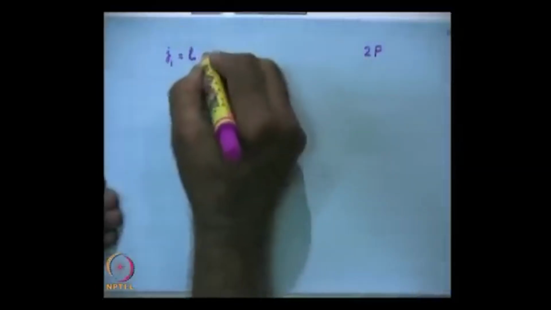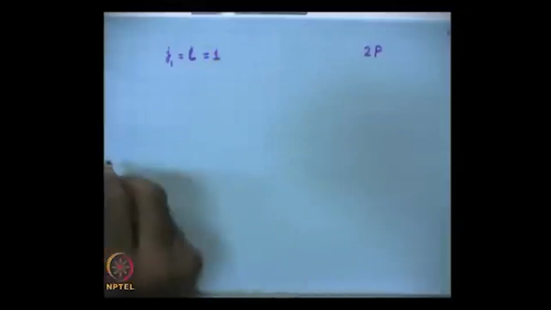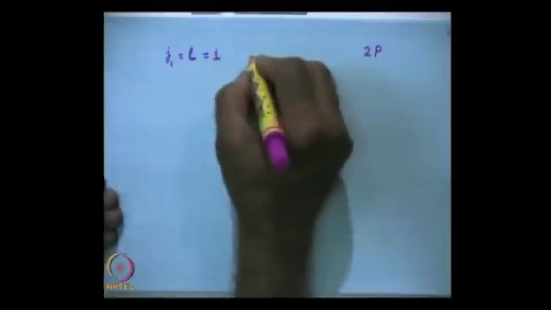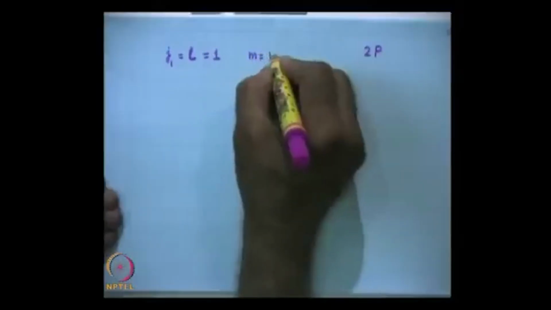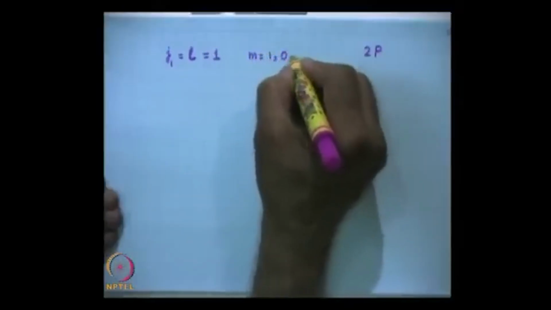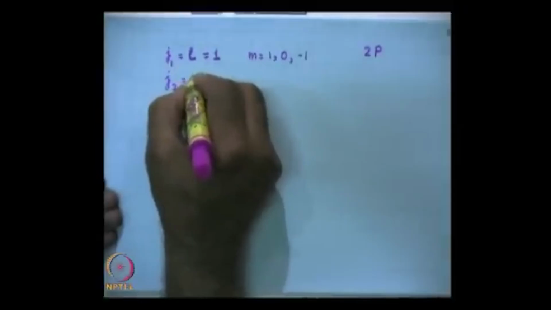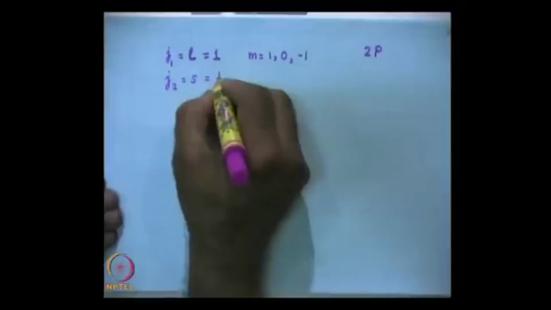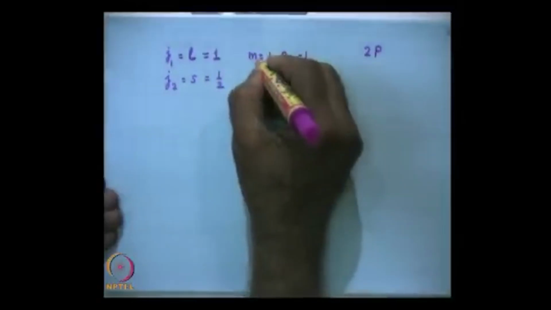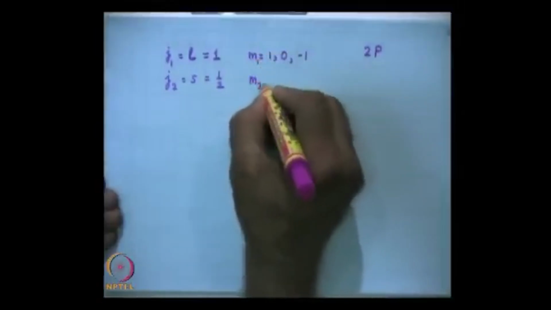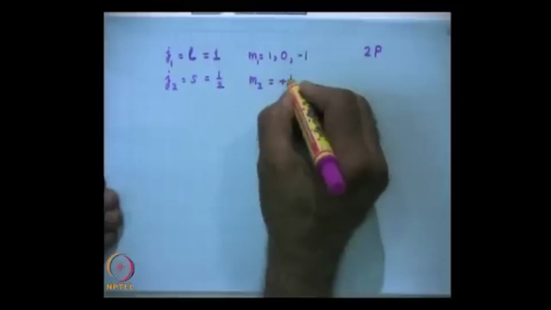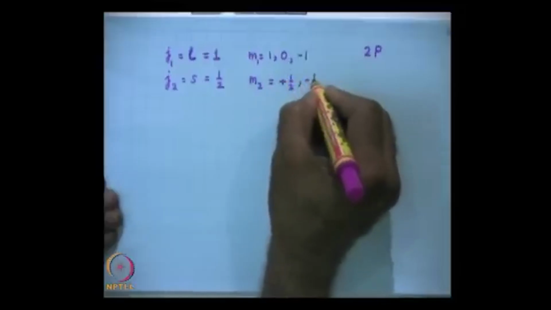So, l is 1, and therefore, m will take 1, 0 and minus 1, and J2 is equal to S is equal to half. This is the spin orbit interaction, and then this is M1 and this is M2, which is equal to plus half and minus half.